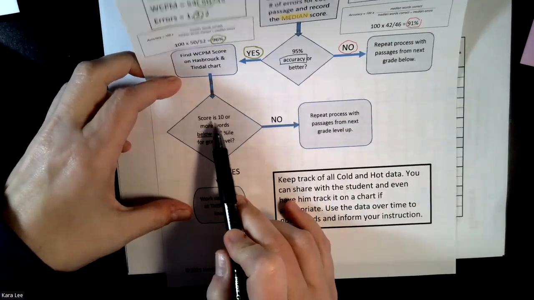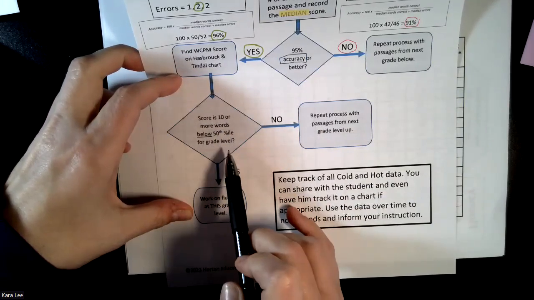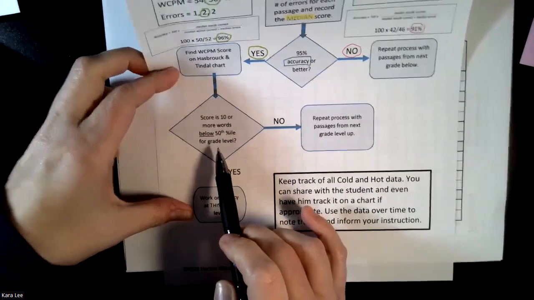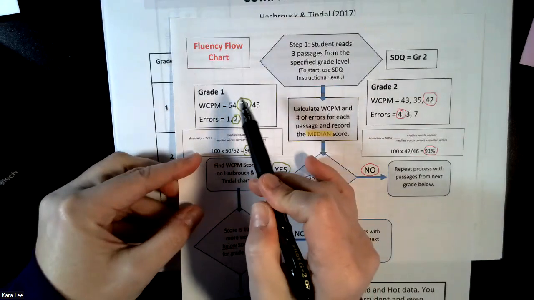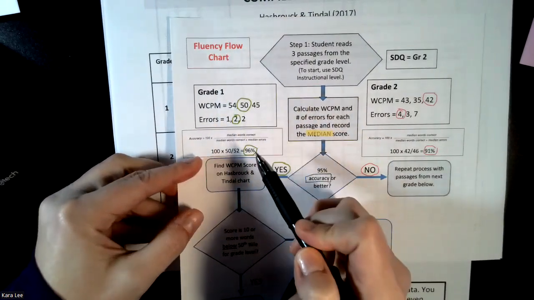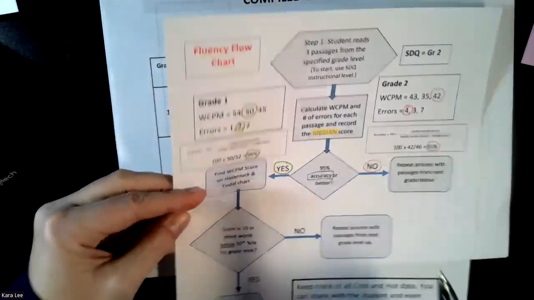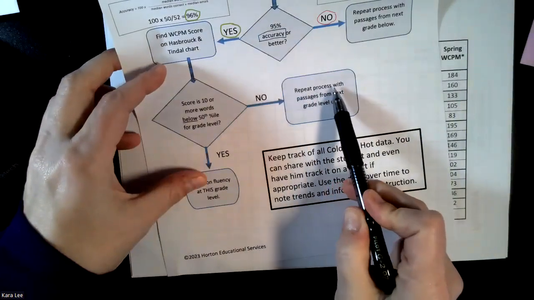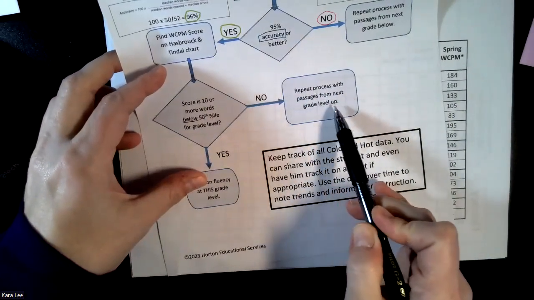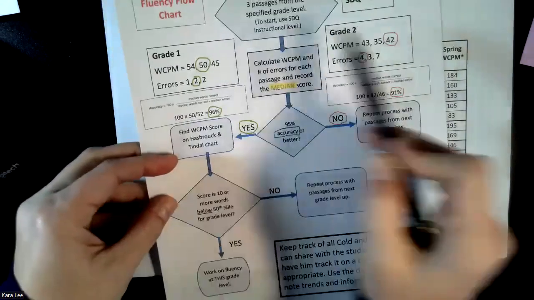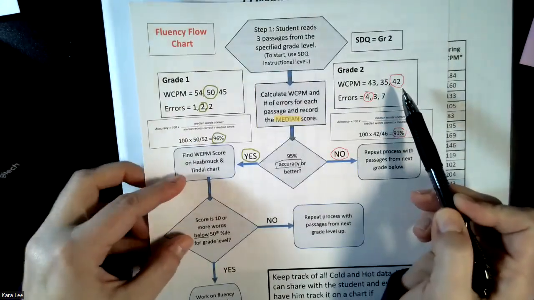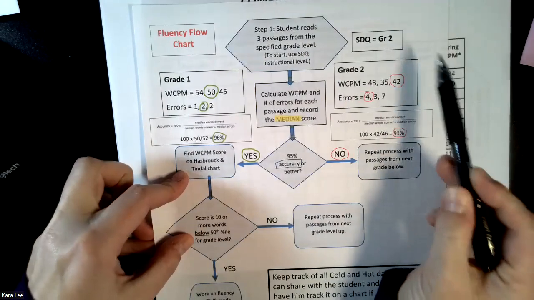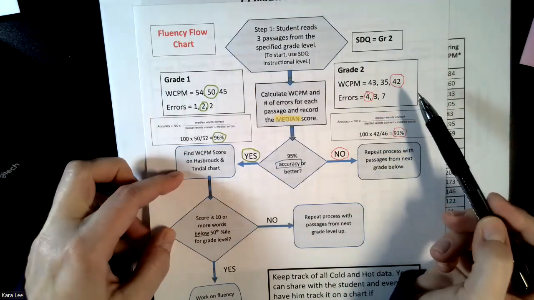Now, this says, if this was not the case, let's say that the student had a words correct per minute of 65 on first grade level. Do you see how it says repeat the process with the passage from the next grade level up? Well, I already did that, right? I already did. I started with the next grade level up.